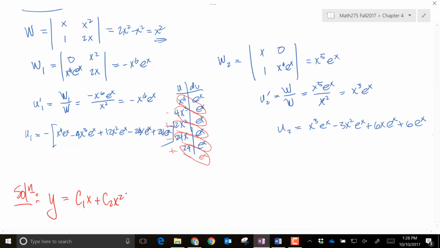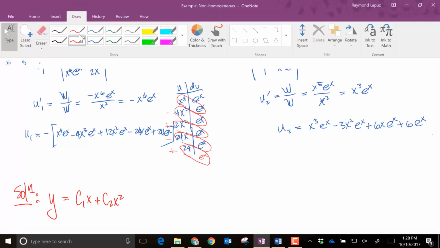Oh, I guess we should have done it because maybe we could have simplified it. I don't know if it's going to cancel, but we can definitely simplify it. Sorry, I'm going to step back a little bit.